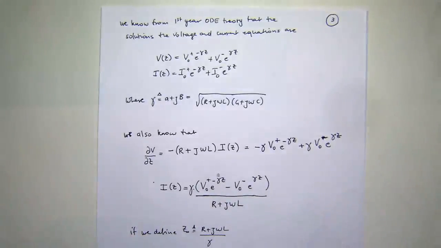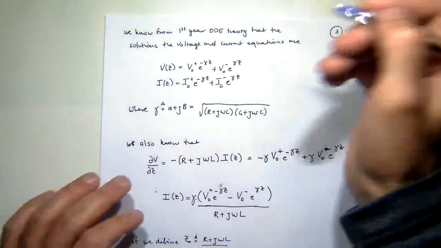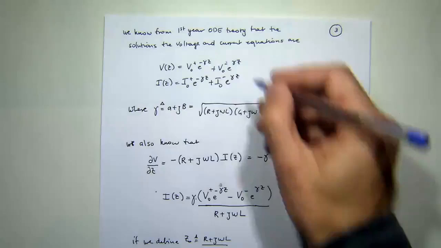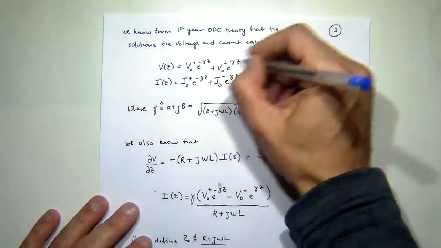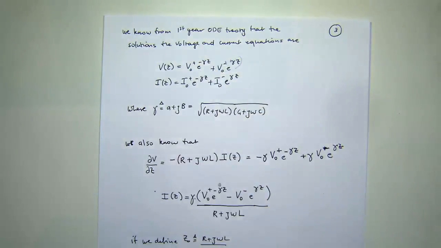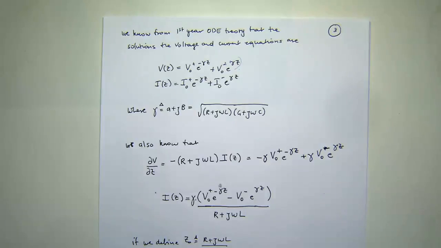And if you remember, if you've got a second order differential equation, you're able to have e to the minus gamma z, and also e to the plus gamma z. What it says is you've got an e to the minus gamma z term and an e to the positive gamma z term. What's the difference?